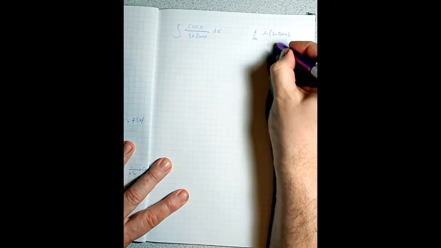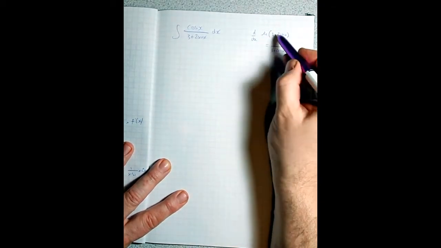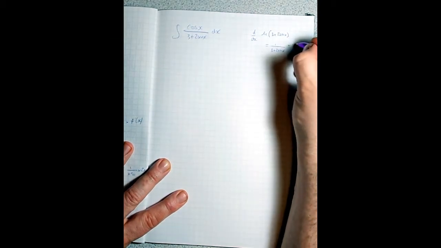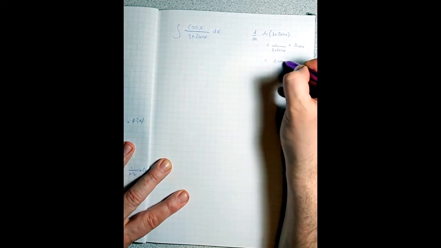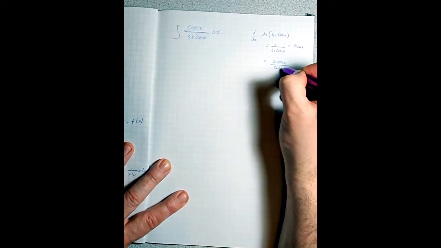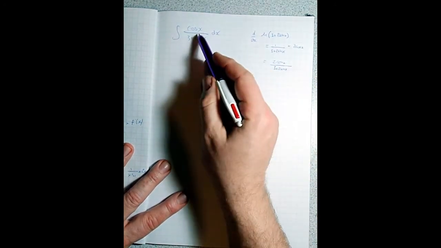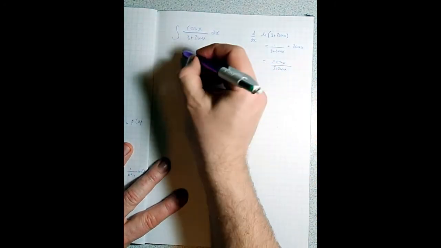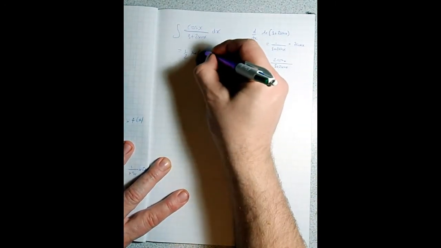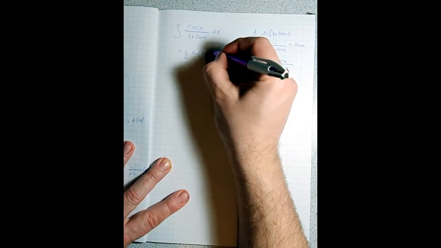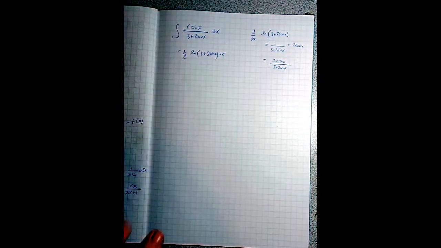Well, that equals 1 over 3 plus 2 sine x multiplied by the derivative of the bracket, which is 2 cos x. So 2 cos x over 3 plus 2 sine x, and of course that's twice as big as I want it to be. So it's a half log of 3 plus 2 sine x plus c.